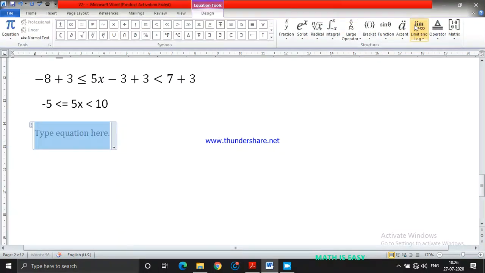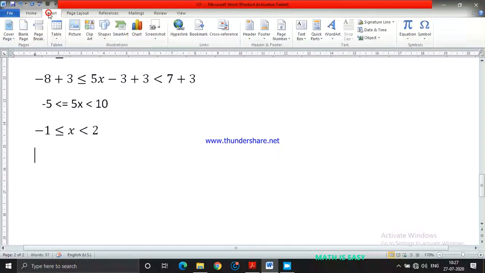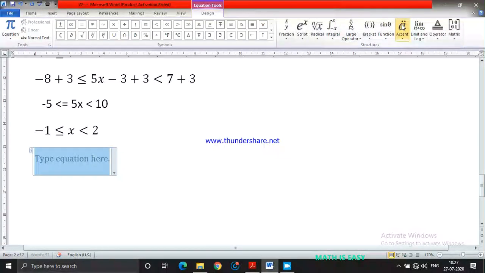Now divide by 5 on both sides, each and every term. -5 upon 5 is -1, is less than or equal to 5x upon 5 which is x, is less than 10 upon 5 which is 2. So the possible solutions: x belongs to the interval [-1, 2). Closed bracket because the equal sign is there, and open bracket because less than is there.